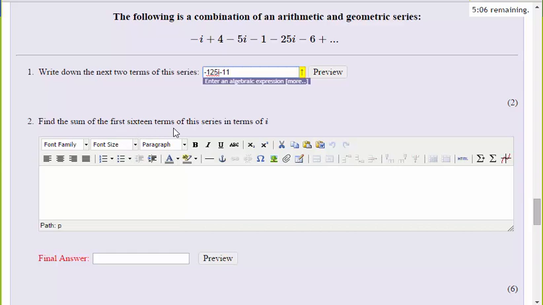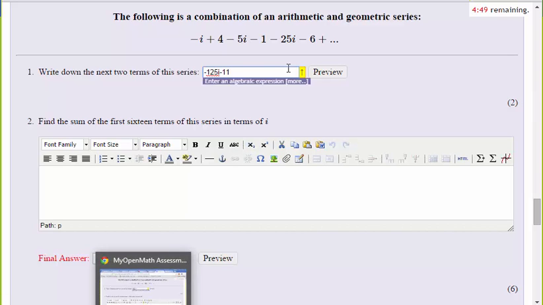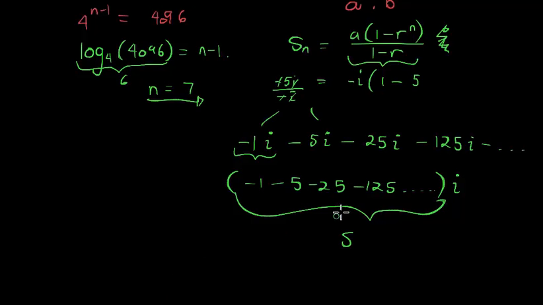Find the sum of the first 16 terms of this series. 8. You understand why, Olivia? Because I'm only adding the i's, and the i's are every second term. Very few people do.